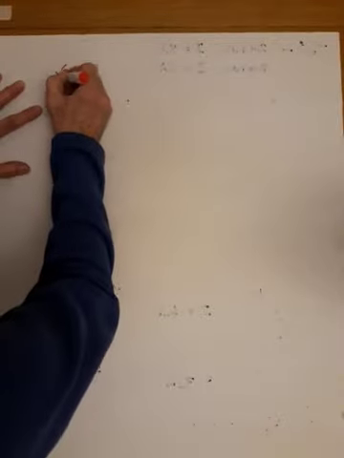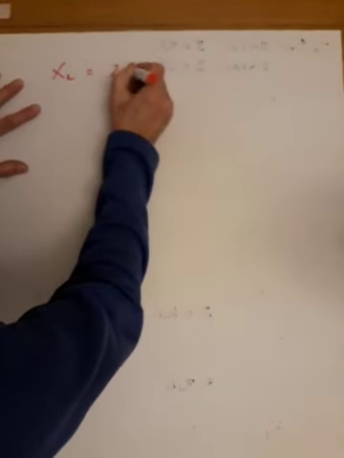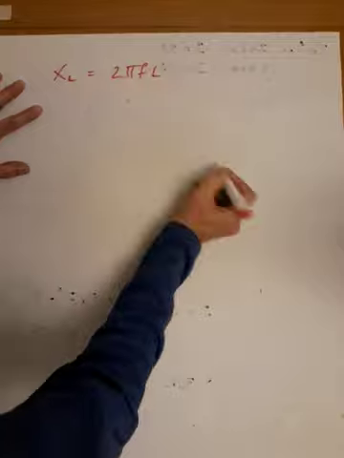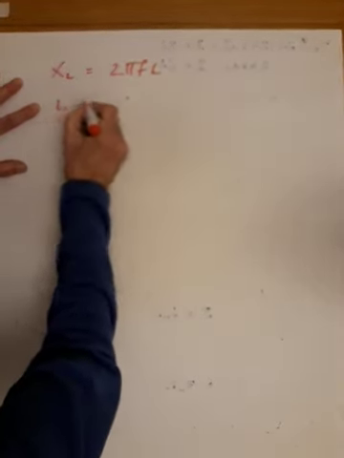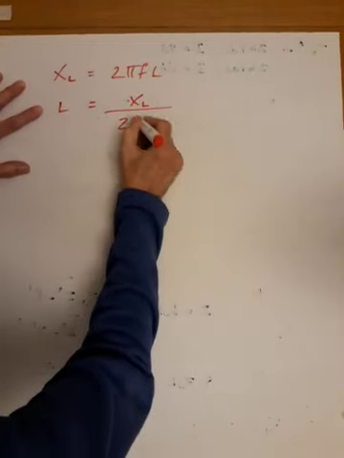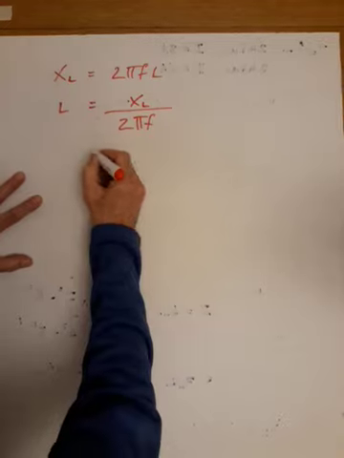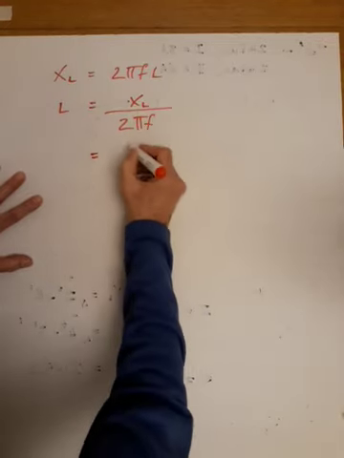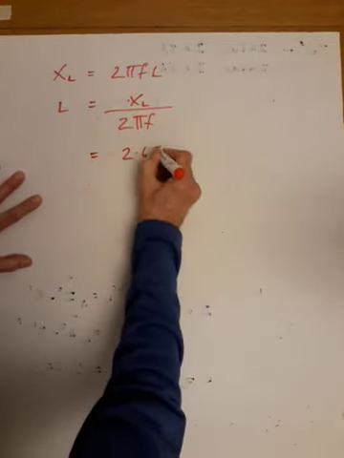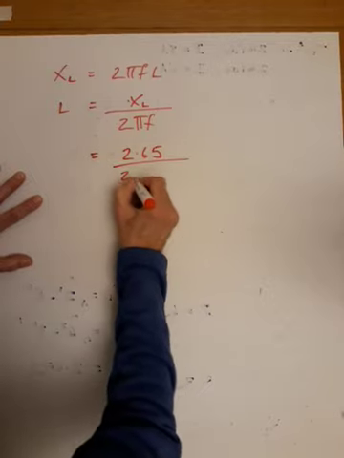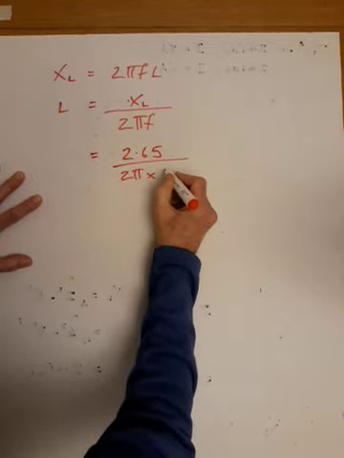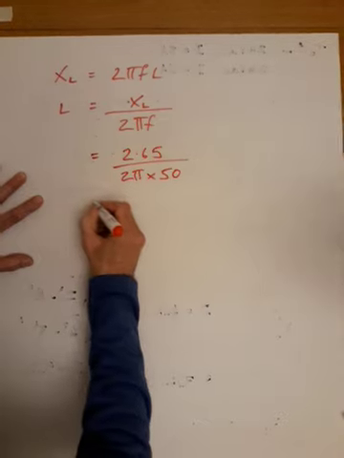So XL is 2 pi FL. Transpose it to make L the subject. L equals XL over 2 pi F. If we then put the numbers in, XL from the previous page was 2.65 divided by 2 pi times, I'm going to assume it was 50 hertz, I don't think we mentioned anything.